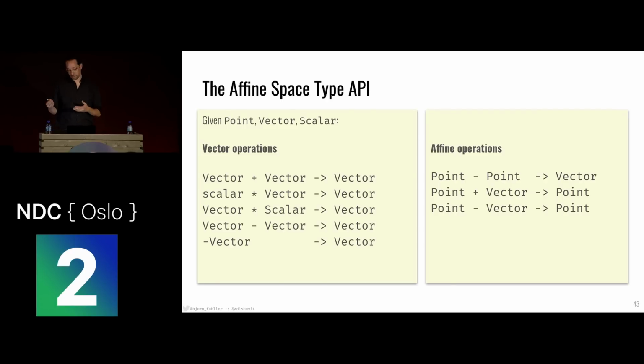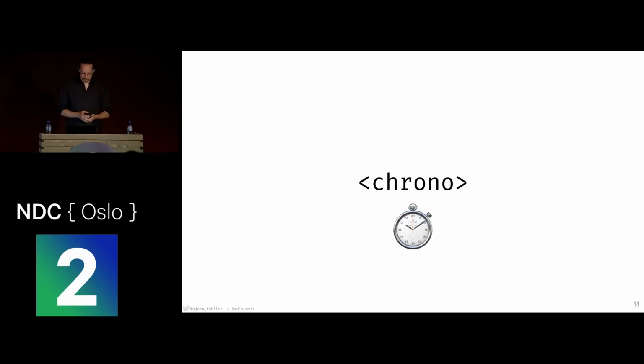The affine operations, as we mentioned before, take two point types and return a vector type. We can define addition of a point with a vector, getting a new point, and again a syntactic sugar of multiplying that said vector by -1, which gives us the negation. Naturally, we can also have the mutating versions of plus equals and in-place multiplication.